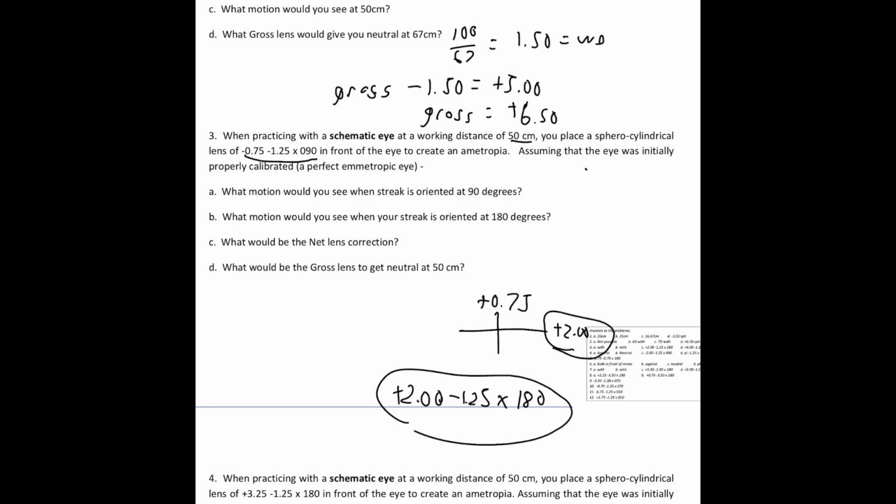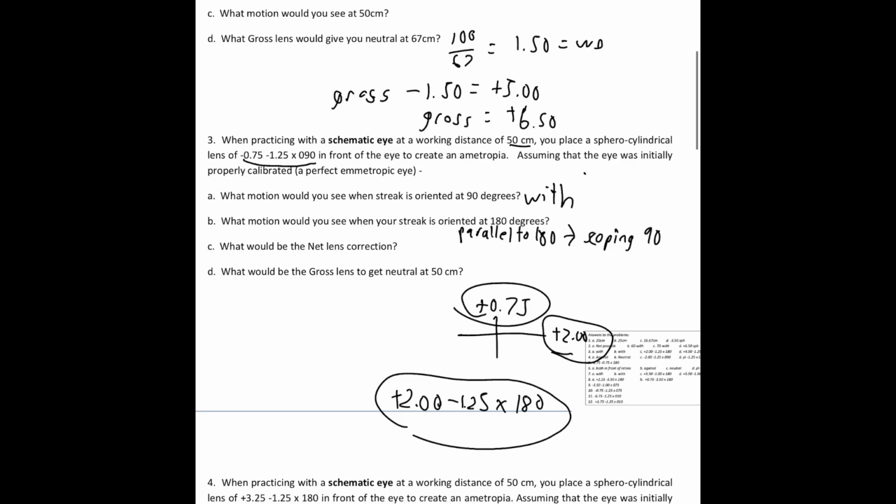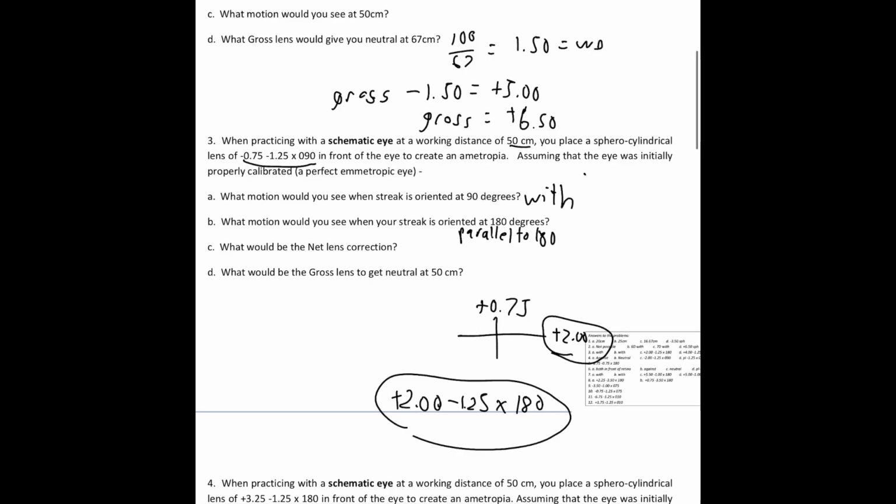Since it's plus, we're going to see with motion. Okay, what motion would you see when your streak is oriented at 180 degrees? That means it's oriented at or parallel to 180, which means we are scoping 90. If we're scoping 90, we're scoping this +0.75, which is still plus, so we're going to see with motion.